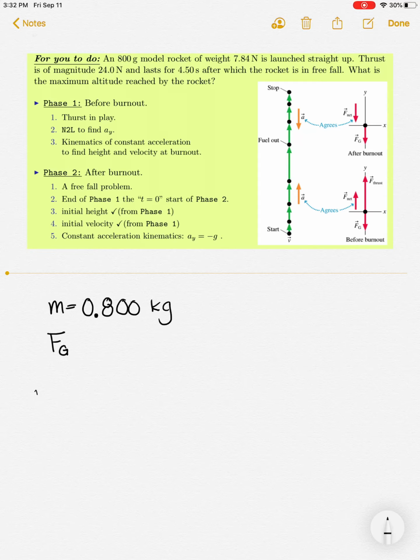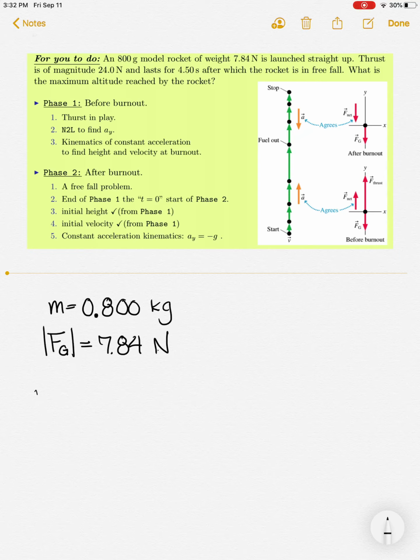So then we know that Fg, if we were to just look at it, is 7.84 newtons. And I'm just going to make sure that it's equal to the right weight. So we just do 0.8 times 9.8. And yes, that's right. The person writing this problem didn't make a mistake.